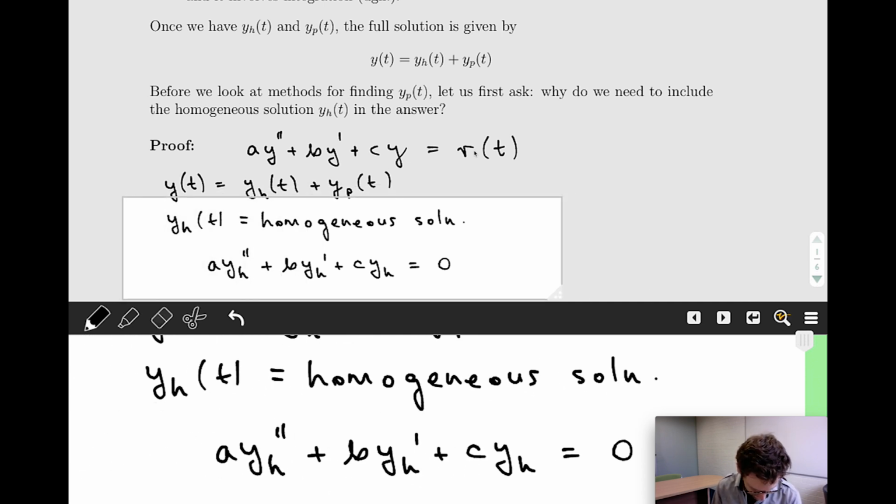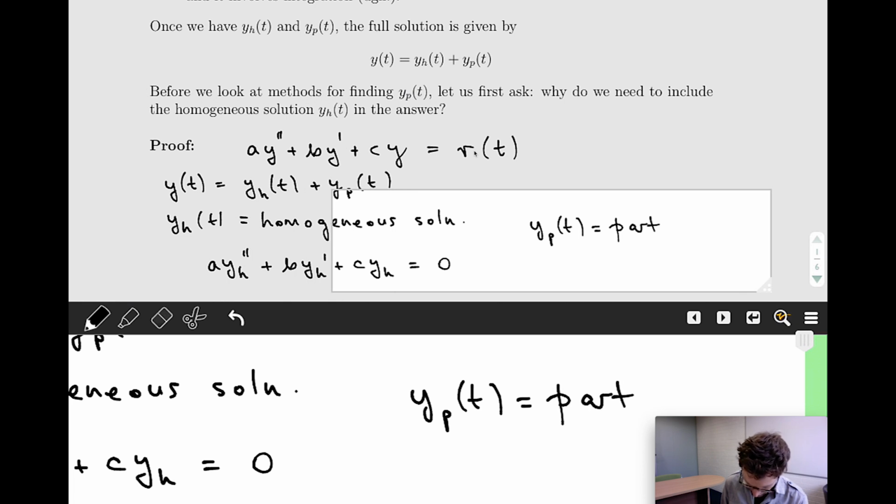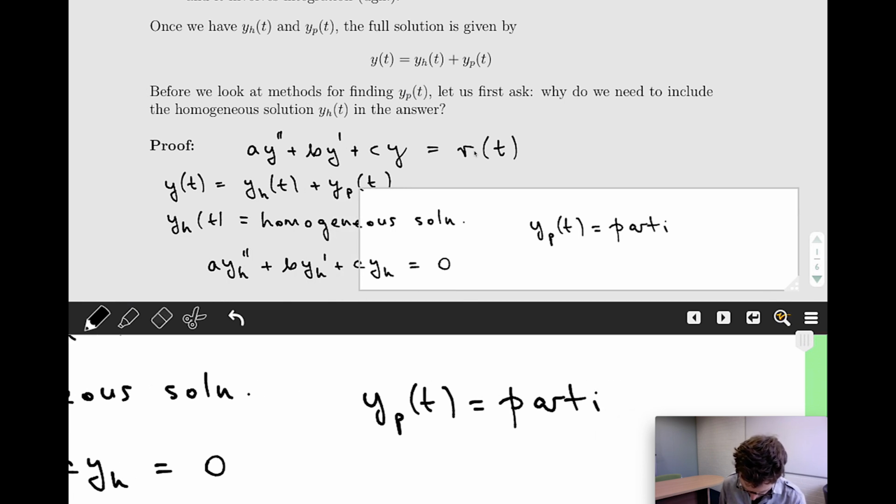So we found the homogeneous solution, and we're also going to have another part to my solution. We called it y subscript p, and that we're going to call the particular solution. So again, we're going to show in just a moment how to find the particular solution.